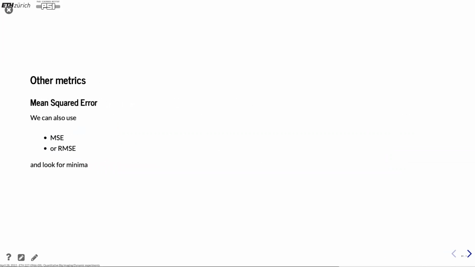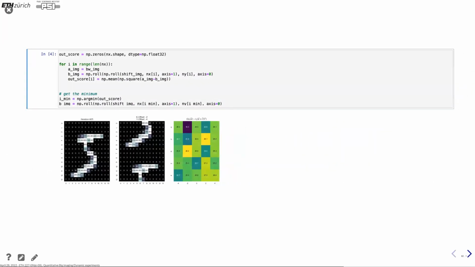And what we can also work with is not only the correlation, we can also look at the mean squared error when we do this kind of scan, or root mean squared error, and look for the minima in this scan. And that would be something like this.